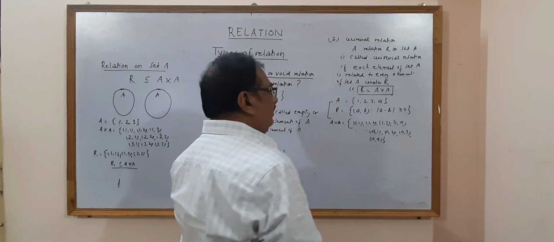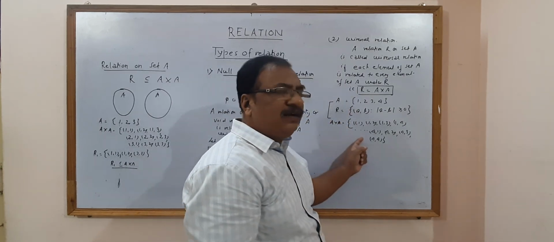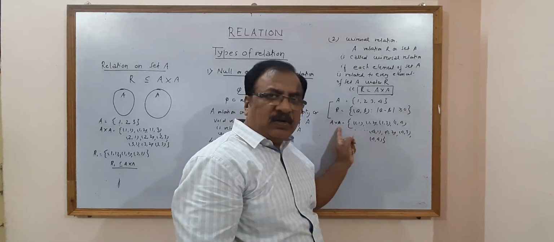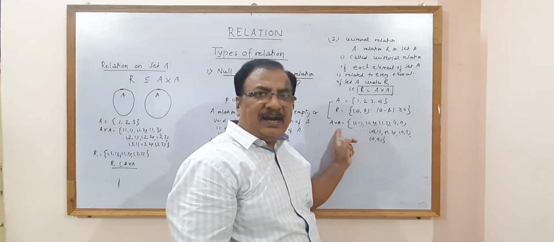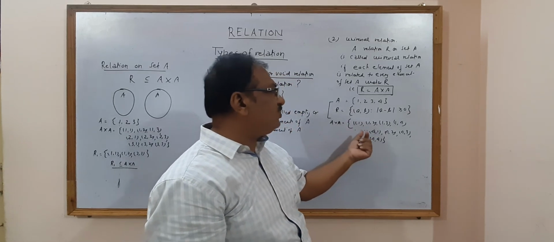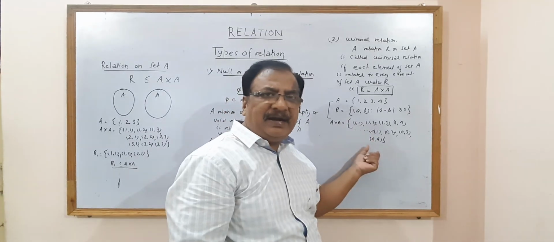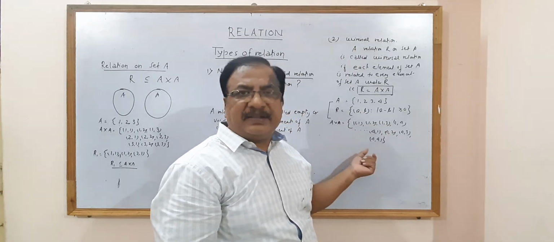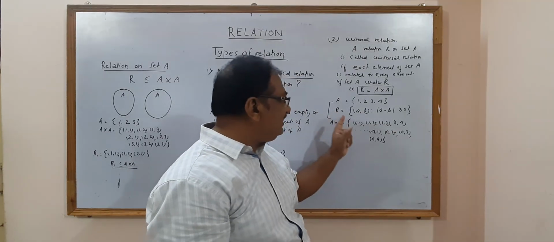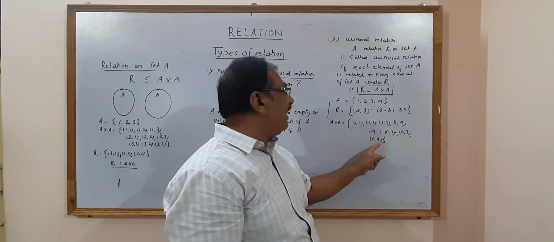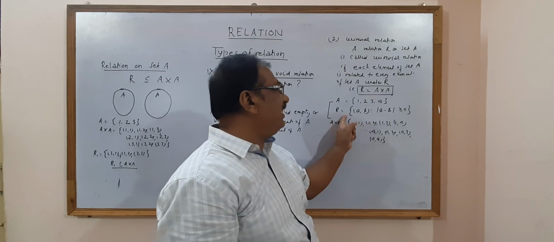We see that for the entire elements of A cross A, the modulus of the difference of first element and second element is either 0 or greater than 0. That means each and every element satisfies the criteria of the relation mentioned here.